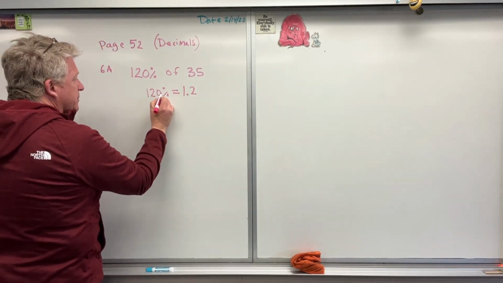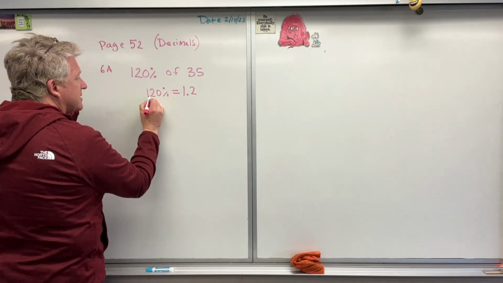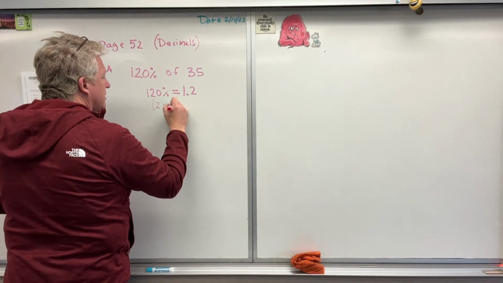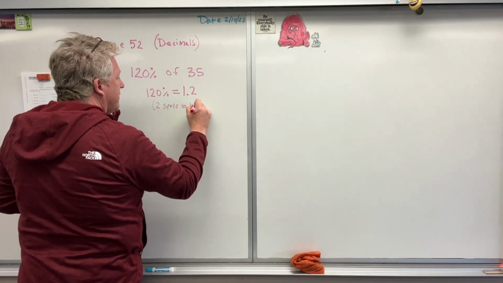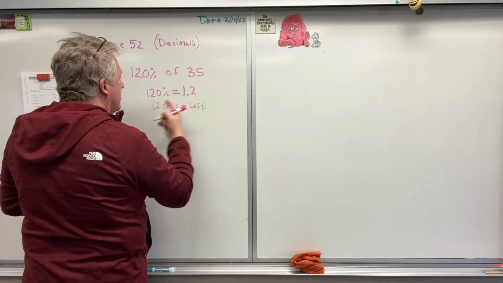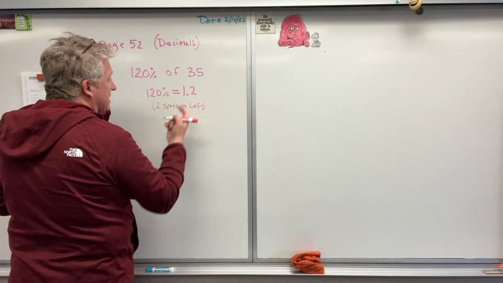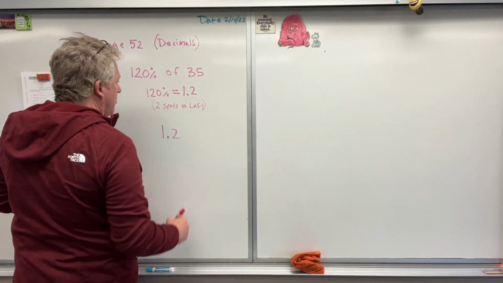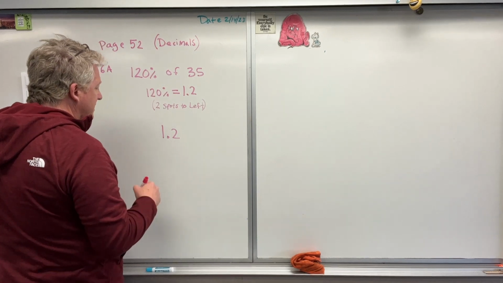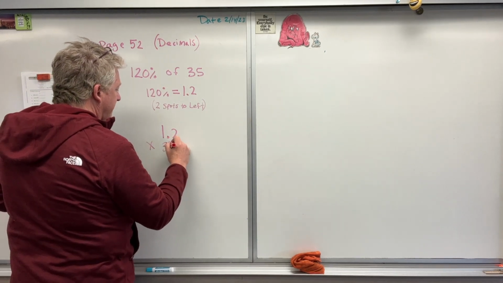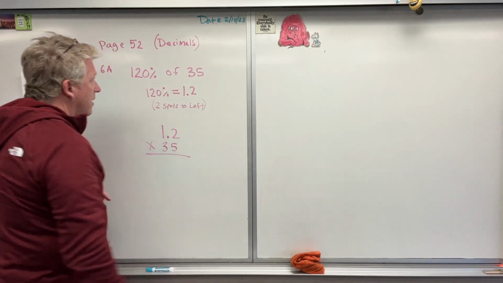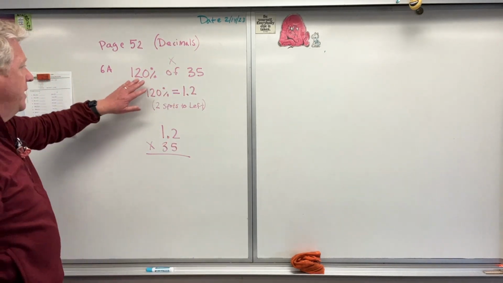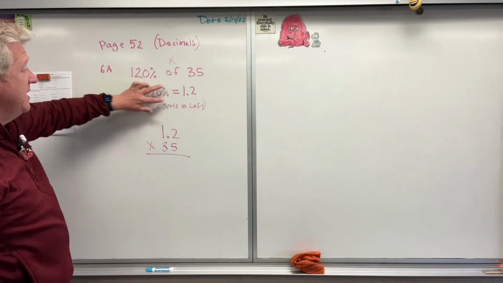We're going to move our decimal over 2 spots to the left, 2 spots to the left to turn a percent into a decimal. So now I have 1.2 that I'm multiplying times 35. All right? Still is multiplication, but now I turned my 120% into a decimal.